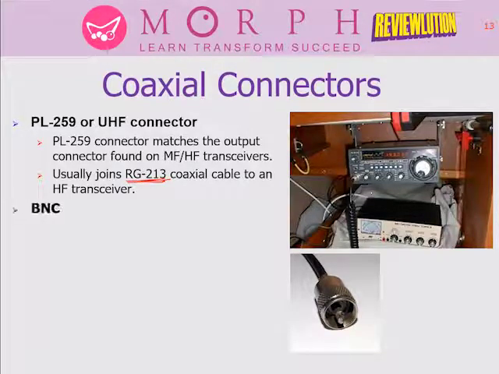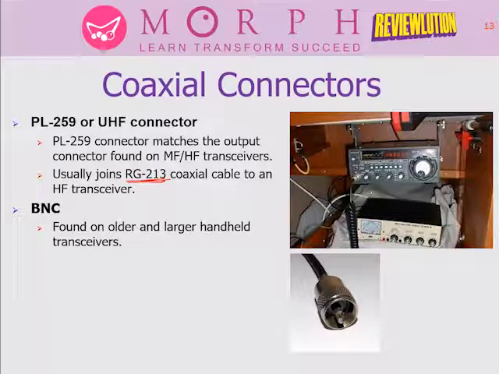Then we also have the BNC, isa sa pinaka-common na ginagamit o nakikita din natin sa eskwelahan, no? Sa laboratories natin. So pinaka-trademark ng BNC, found on older and larger handheld transceivers, kasi meron din kasing counterpart nito sa ngayon, yung mga modern transceivers hindi na bulky kasi yung BNC, no? Malaki kasi yung BNC. So may mga maliliit na connectors na tinatawag nating SMA.